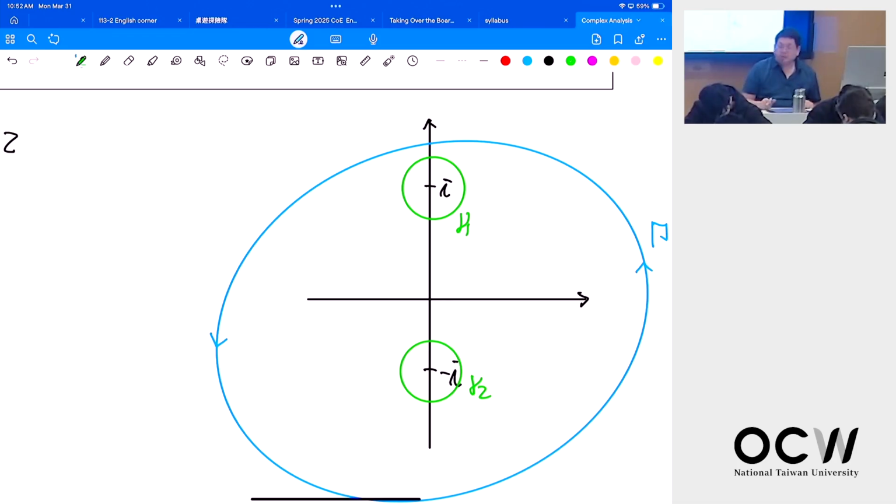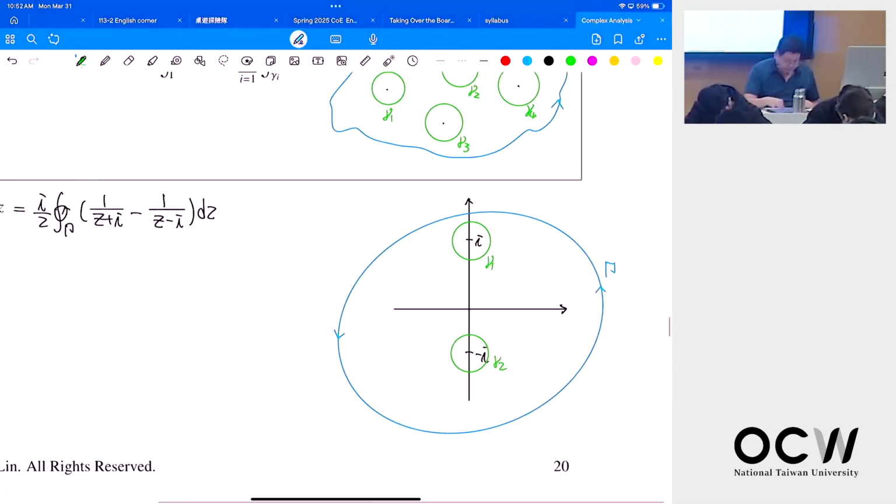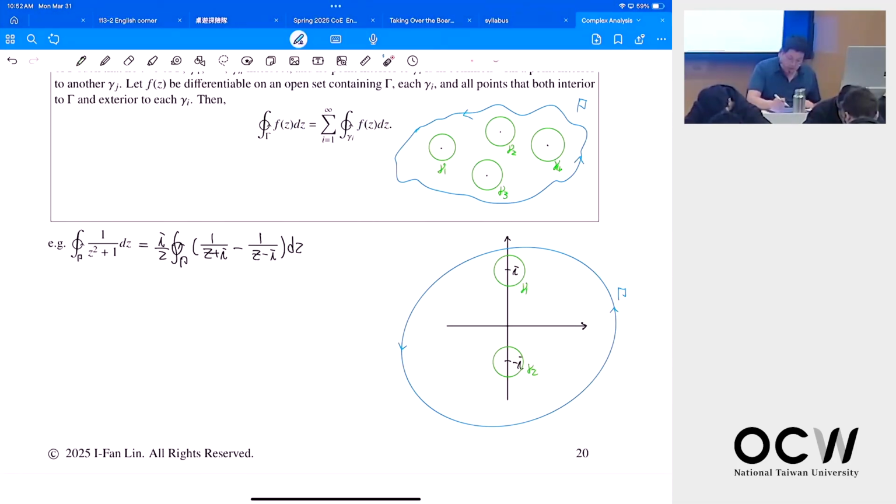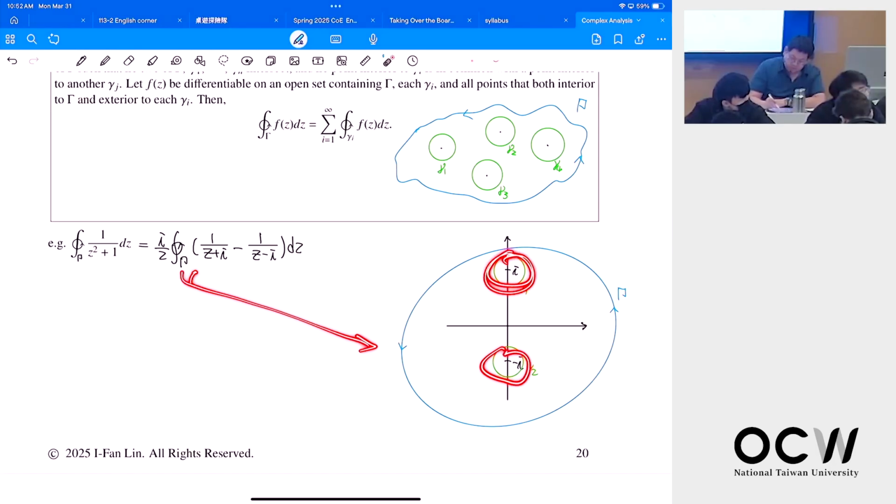Now according to this extended deformation theory, for closed curve tau, I can make it smaller to only focus on these two smaller closed paths or curves, gamma 1 and gamma 2.